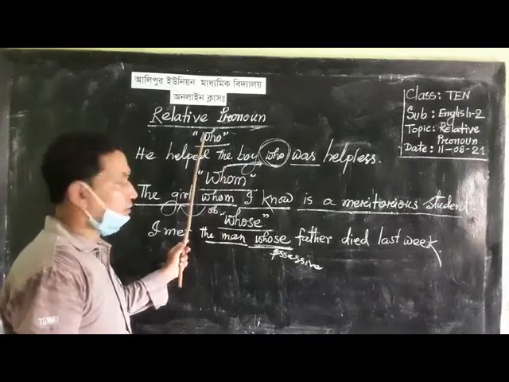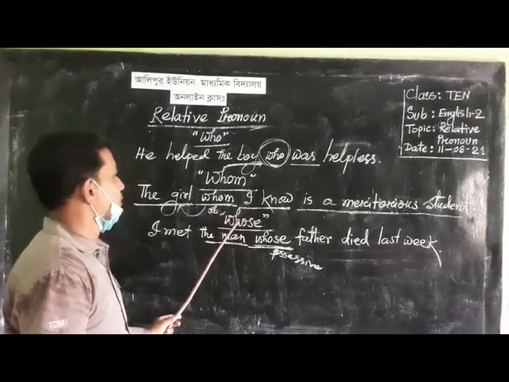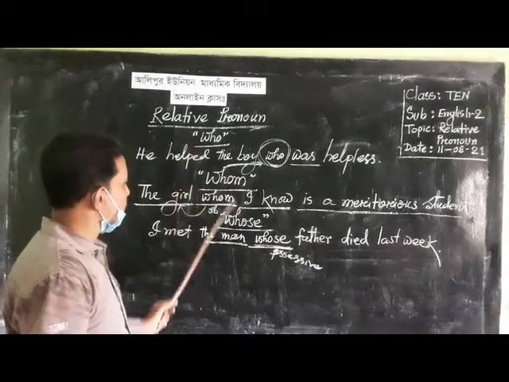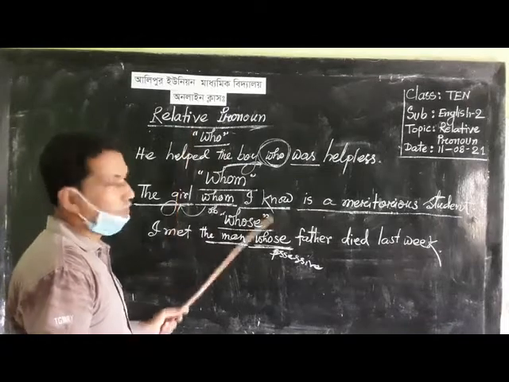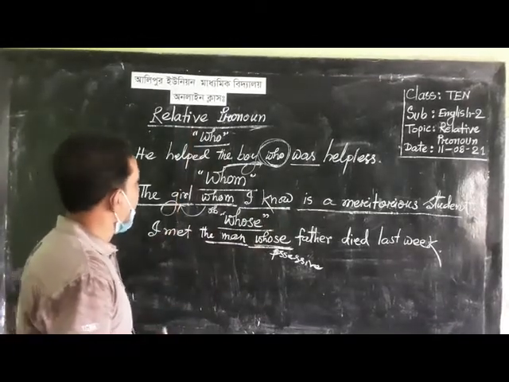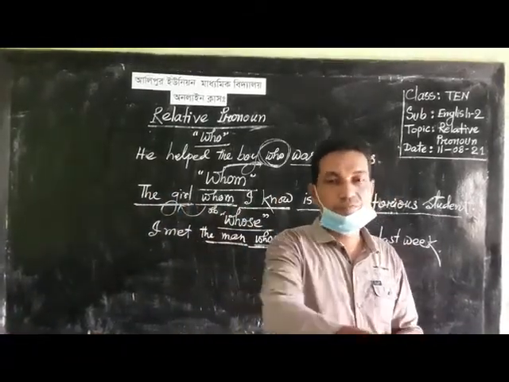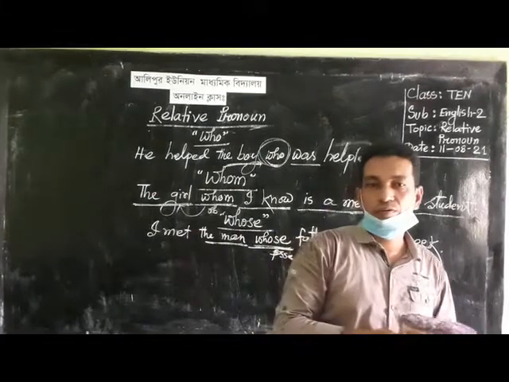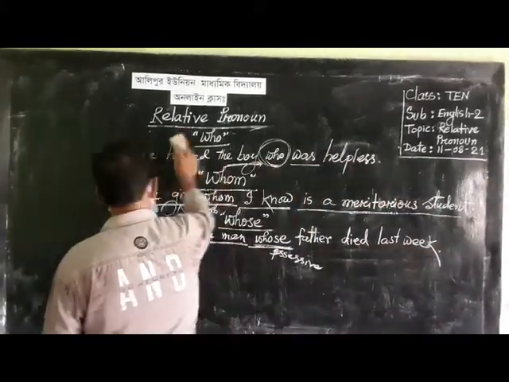Who is subject, whom is object, and whose is possessive. So these three relative pronouns originate from the main word who. Now I am going to give an example of another relative pronoun. Please follow me.